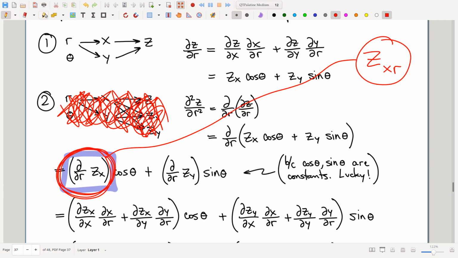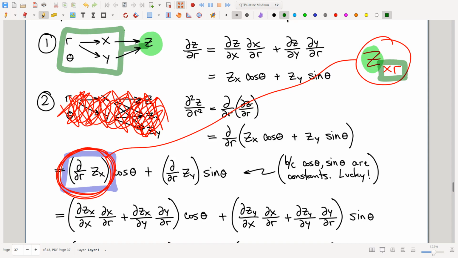This seems to be suggesting that z is a function of a bunch of variables that apparently include both x and r. It seems to be suggesting that z is a function of all four of those variables. And that doesn't make any sense.